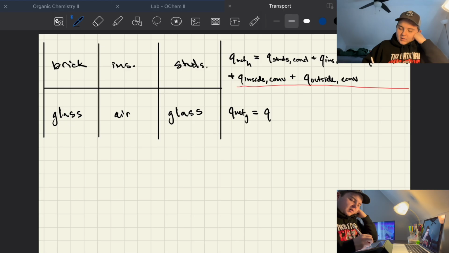Q glass conduction, plus Q air convection, plus Q glass conduction, and then we just have to add our inside and outside again.